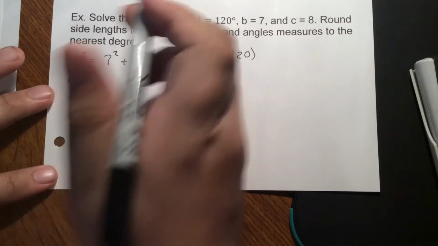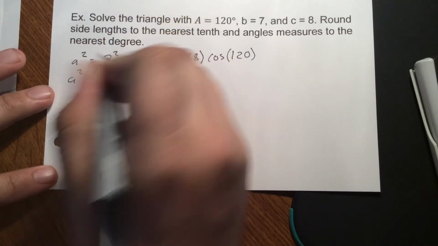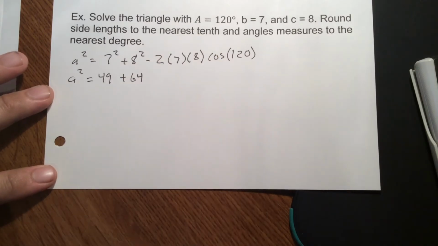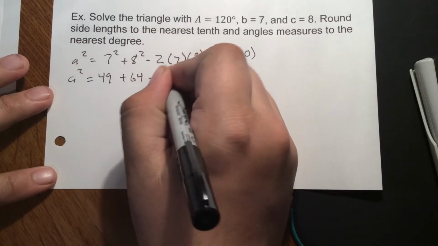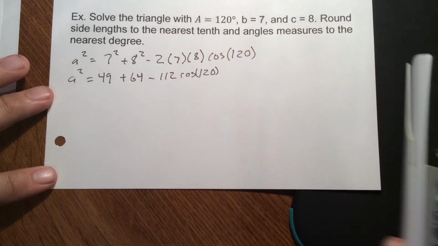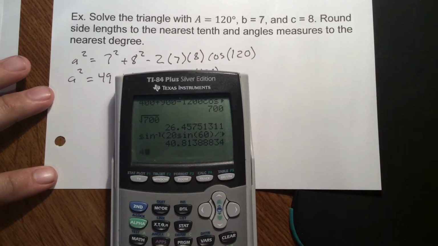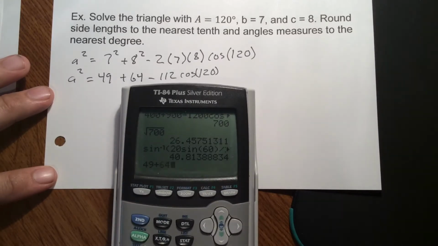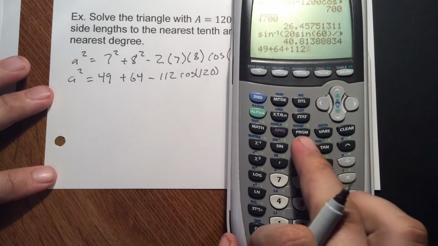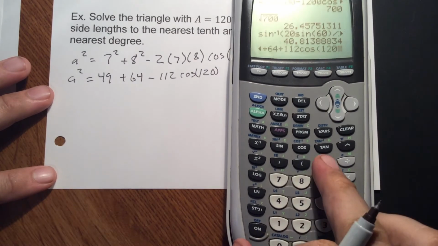So 7 squared, 49. 8 squared, 64. 7 times 8, 56, times 2, 112. Cosine of 120. So put that in here. 49 plus 64, minus 112 cosine of 120.